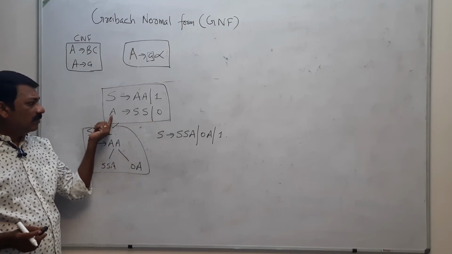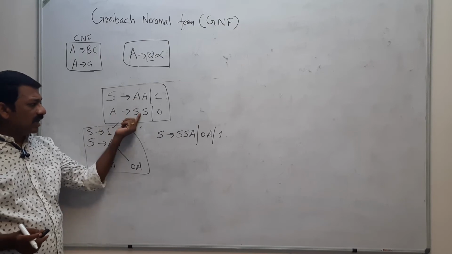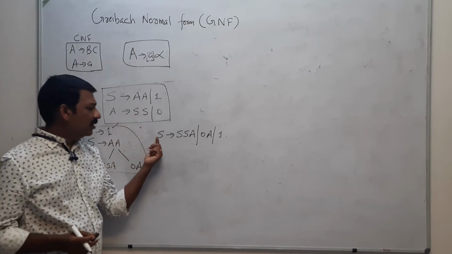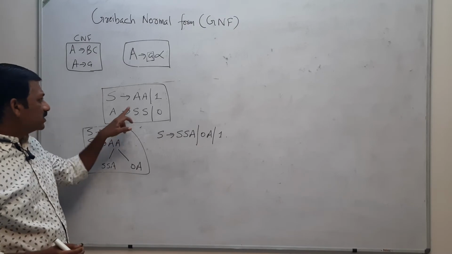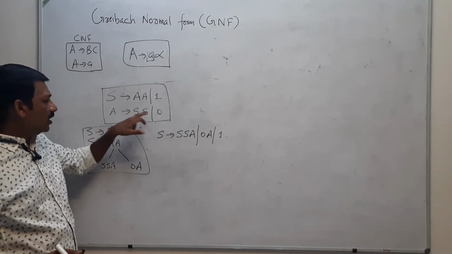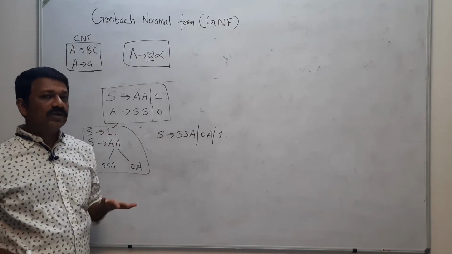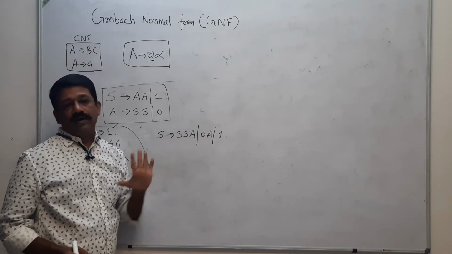Initially, we replace the leftmost A with SS, the right hand side of this A, so that will become S derives SSA. Or when you are replacing this A with 0, we have a production A derives 0, so I substitute 0 for A. I get 0A or 1.